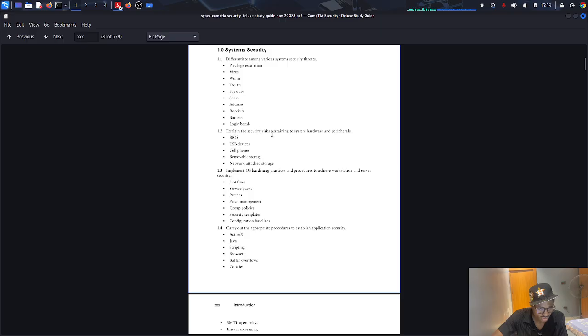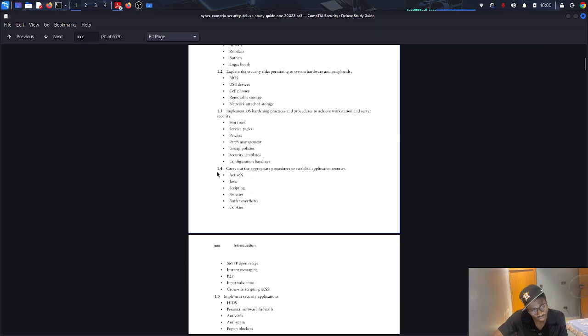Explain the security risks pertaining to system hardware and peripherals: BIOS, USB devices, cell phones, removable storage, network attached storage. Implement OS hardening practices and procedures to achieve workstation and server security.